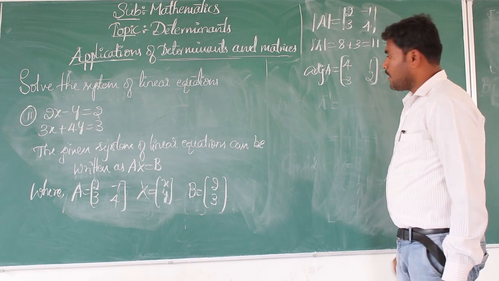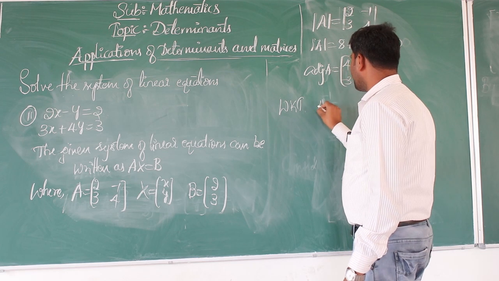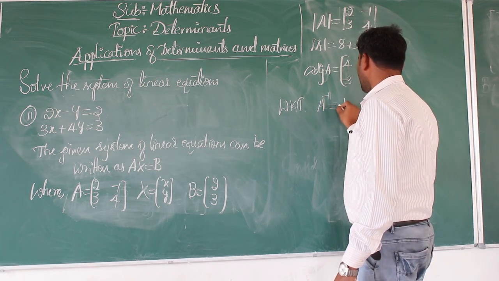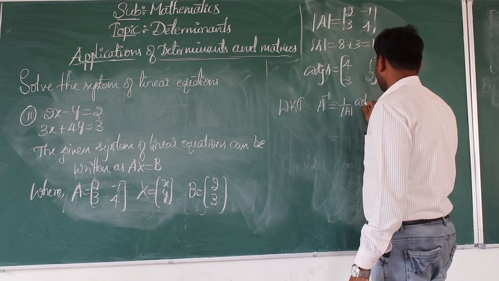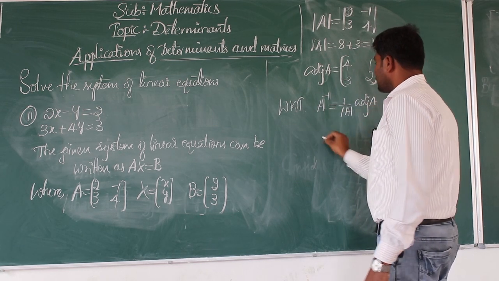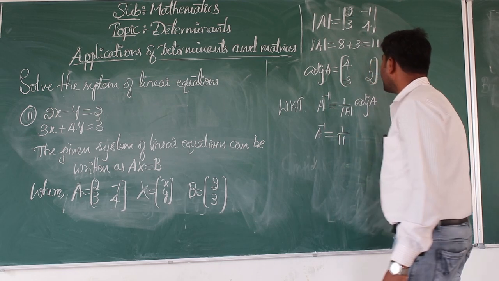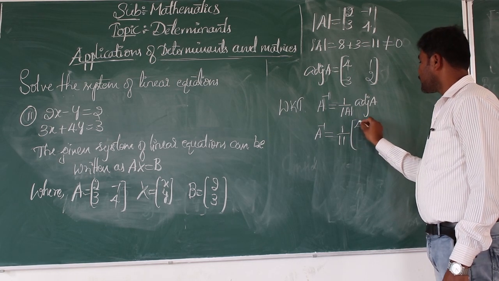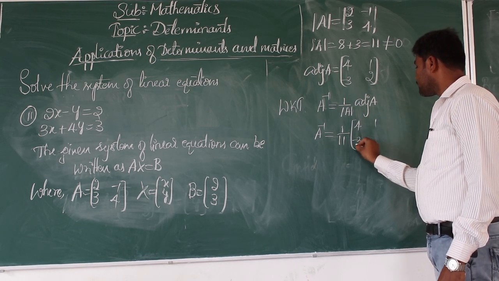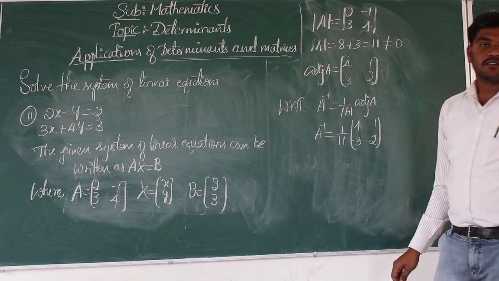Now we know that the inverse A inverse is equal to 1 by determinant A into adjoint A. So A inverse is 1 upon 11 into the adjoint 4 1 minus 3 2. This is the inverse of the matrix.